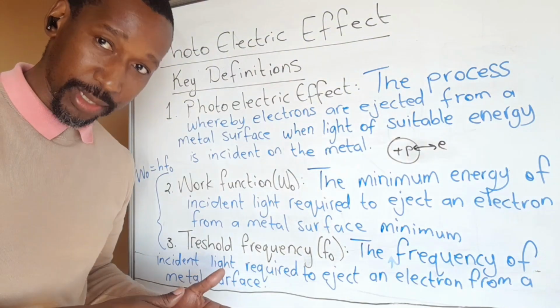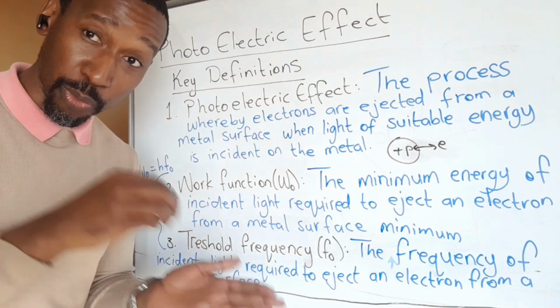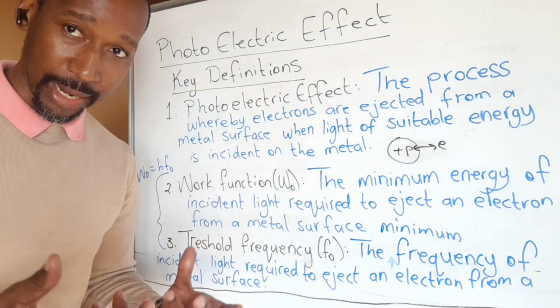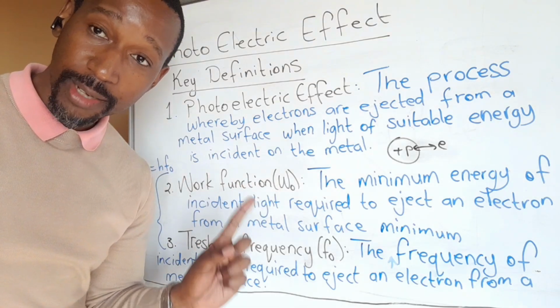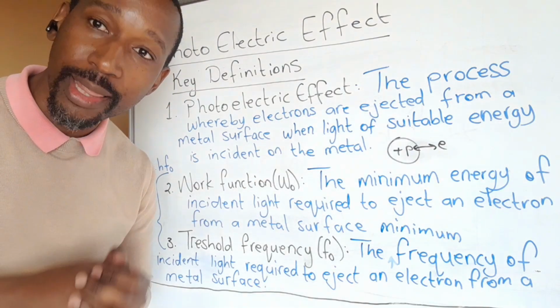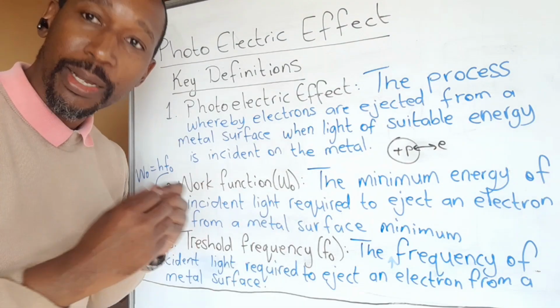Because for other metals, it's actually impossible to use sunlight to eject electrons. We need light that is much stronger than sunlight. So that's what we have: key definitions for photoelectric effect. Let's go now and look at the key photoelectric formula that we're going to be utilizing to explain exactly this, but in numbers.